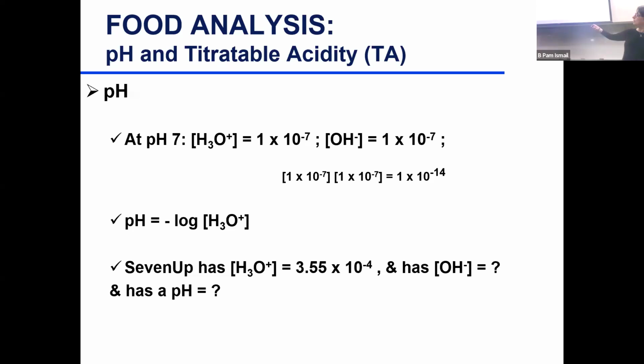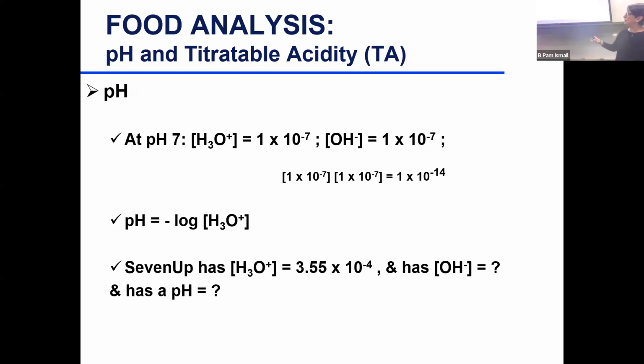If you have more acid, that means you have less base. If you have more base, you'll have less acid. The product is always 1 times 10 to the negative 14. So that means the pH cannot be less than 1 or more than 14, if that's the range of your pH.